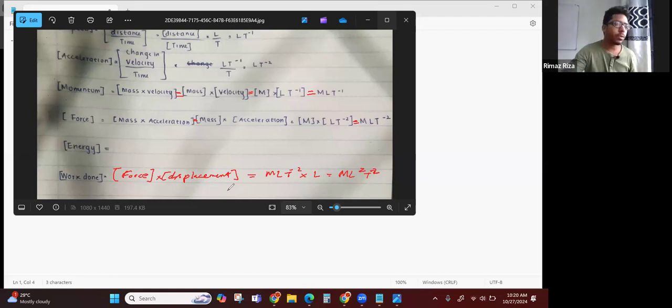So energy has the same dimension as work done. Therefore, it also has the dimension M L squared T minus 2. Okay, is that clear? I will erase these things.